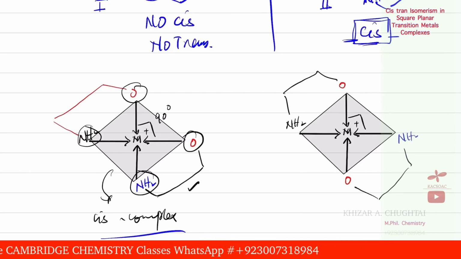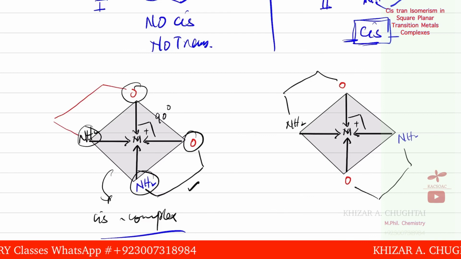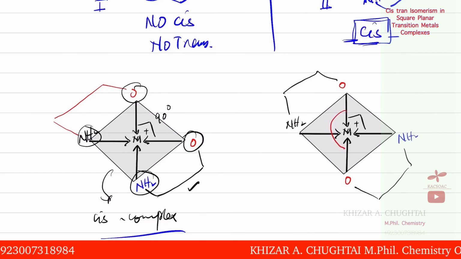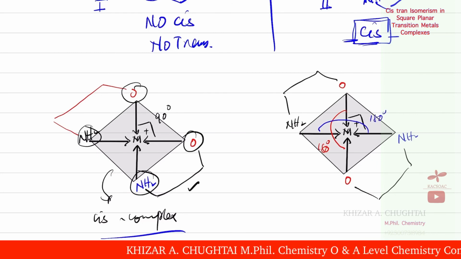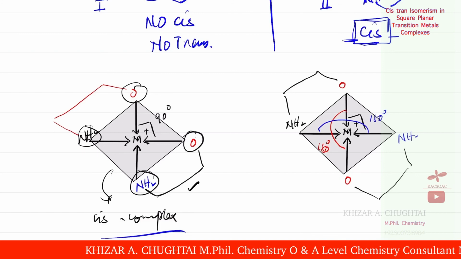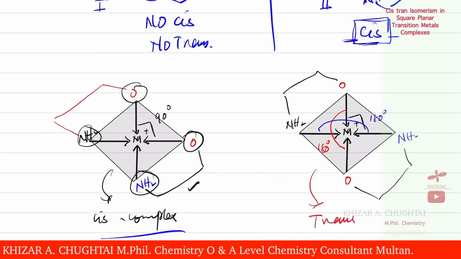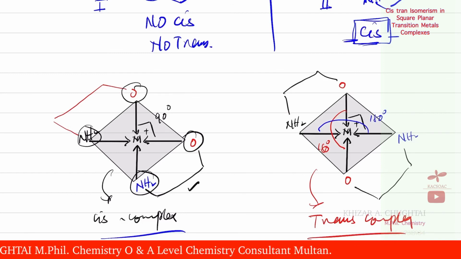In this complex, the two similar donor atoms, the oxygen atoms, are lying at 180 degrees to each other. The same is the case with the nitrogen atoms, at 180 degrees to each other. So this complex is basically the trans complex.